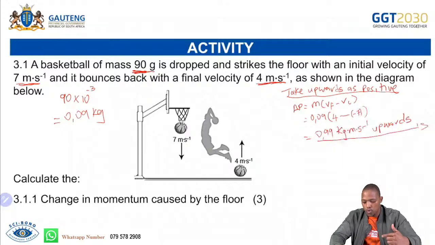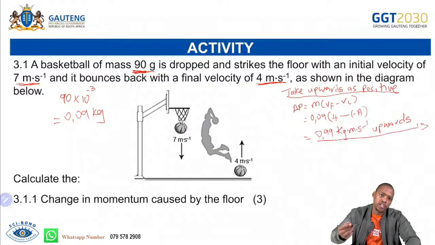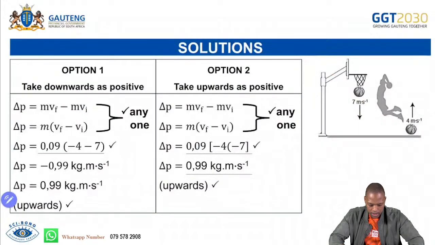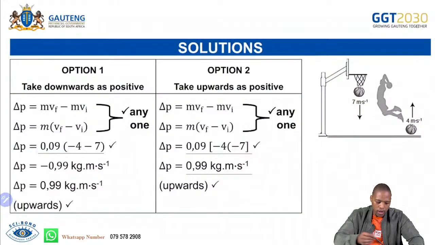For the person who's going to take downwards as positive, they should get their answer negative. Right? So that tells us that if you're getting your answer negative, the change in momentum is upwards. Are we together? There are two options. Here's a person who's taken downwards as positive.